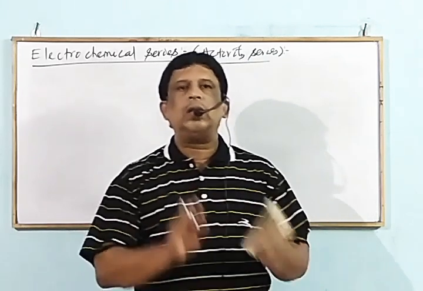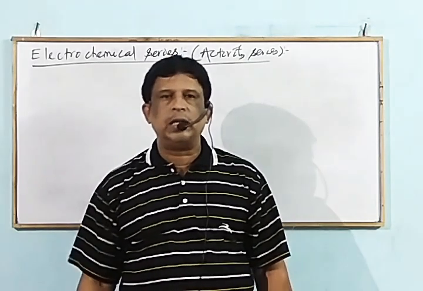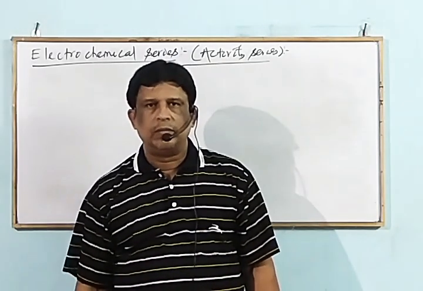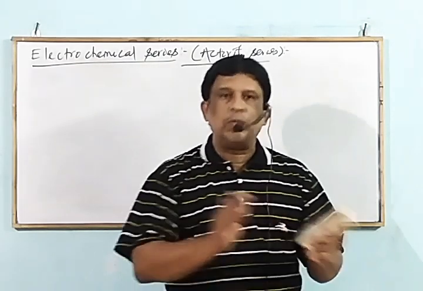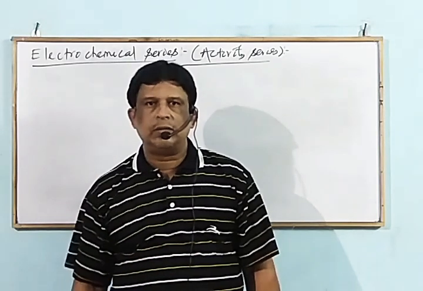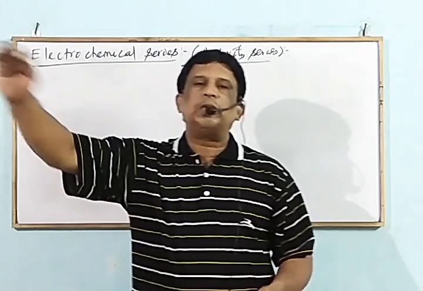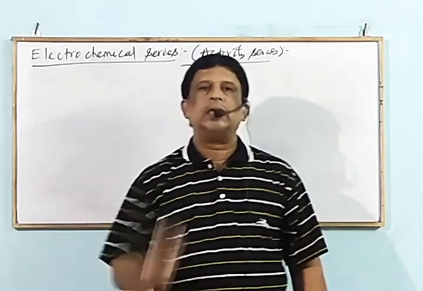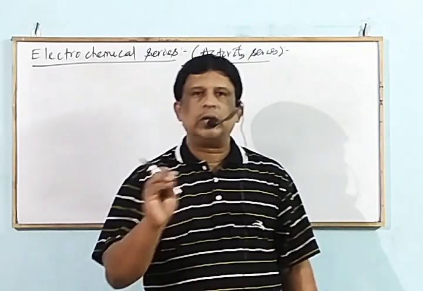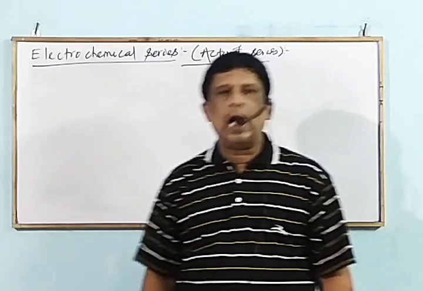Experimentally, all electrode potential values, maybe oxidation or reduction potential values, can be calculated. So if the reduction potential values of all the elements are arranged in increasing order of their reduction potential, then the series obtained is known as electrochemical series or activity series.